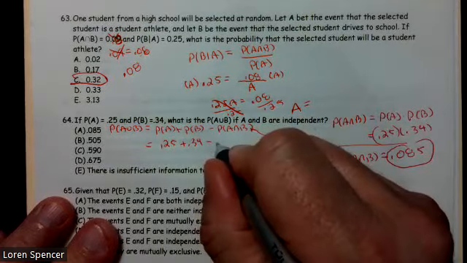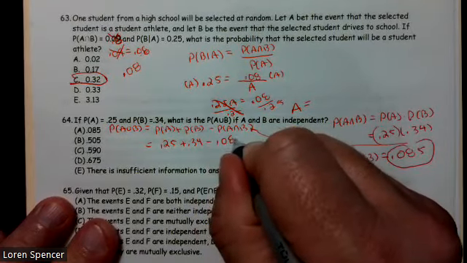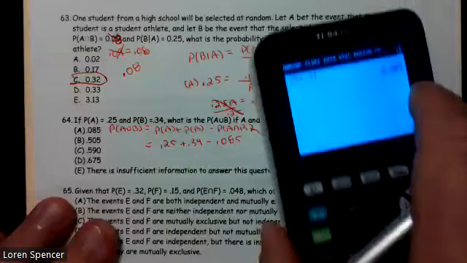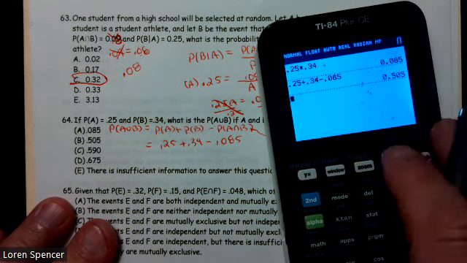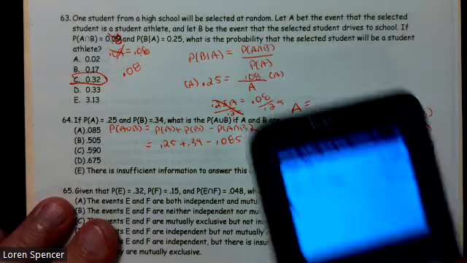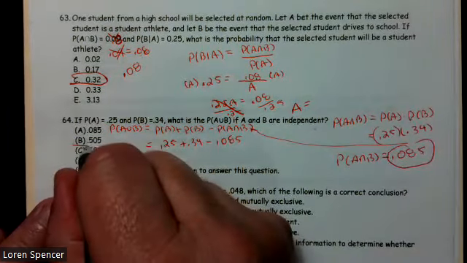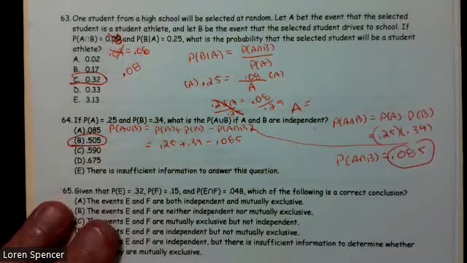So this is going to be minus 0.085. So 0.25 plus 0.34 minus the 0.085 gives me 0.505. And that's B.